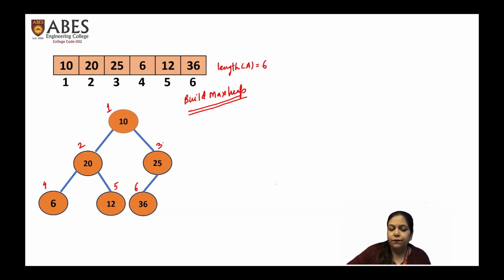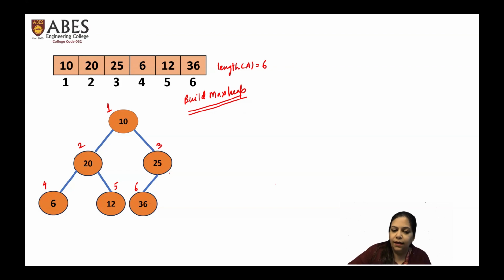For node 3, we have to compare it with both its children. And if this node is lesser than a child node, then we have to swap it with the child node having the maximum or largest value.